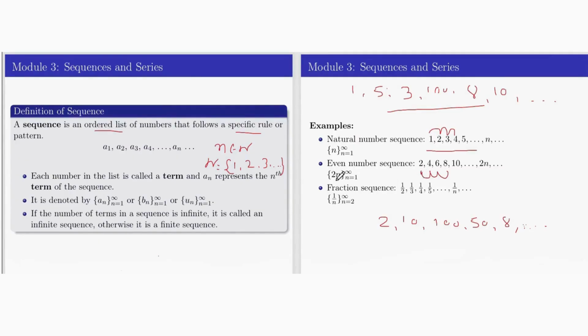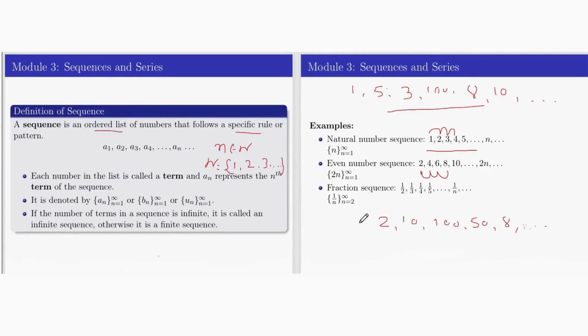For n equal to 2, 2 twos are 4, we get the second element 4. Put n equal to 3, 2 threes are 6, we get the third element 6. N is 4, so 2 fours are 8, we get the fourth element 8. Put n equal to n, so 2n is the nth element. And so on. So this is an example of a sequence, the even number sequence.